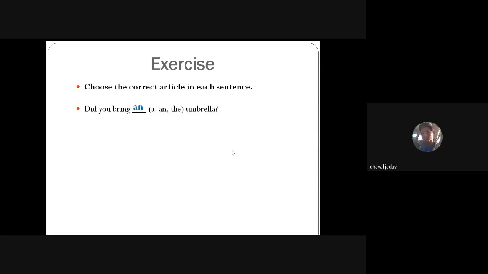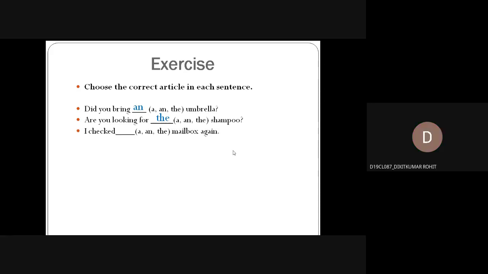So the next one is, I checked dash mailbox again. The mailbox. Okay, I have an email account, so I have my own specific email account, and I have a mailbox or an inbox in that.